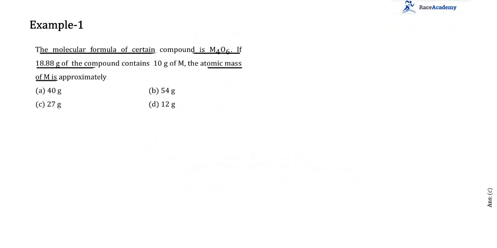Here we have a molecular formula of a certain compound, M4O6. If 18.8 grams of this compound contains 10 grams of M, the atomic mass of M is approximately?